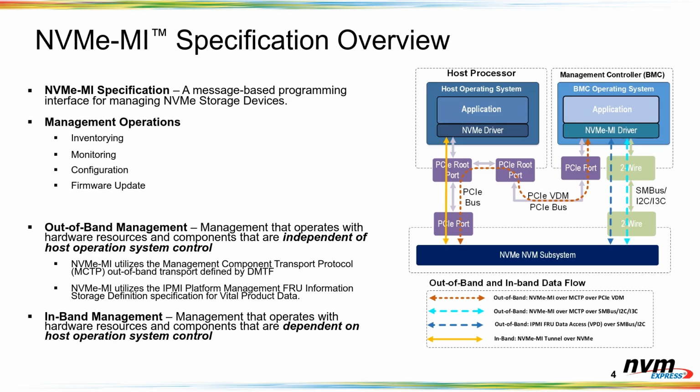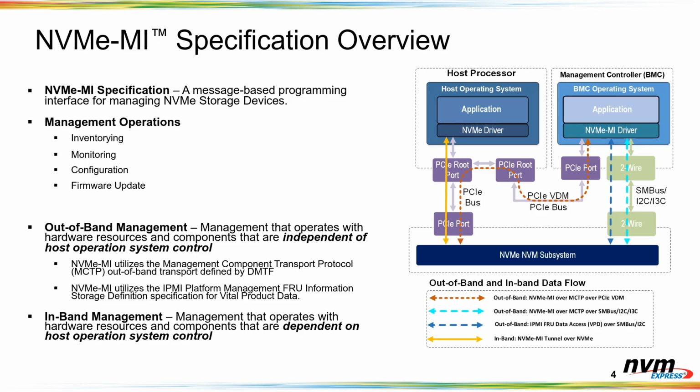And the diagram on the right shows all the various out-of-band management traffic flows. So a BMC can manage an NVMe storage device out-of-band over a sideband bus, such as SM bus or I3C, using NVMe-MI over MCTP as shown by the light blue line on the far right of the diagram. Or over PCI VDM as shown by the brownish colored curved line there.